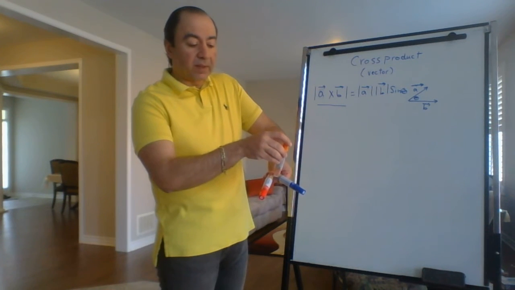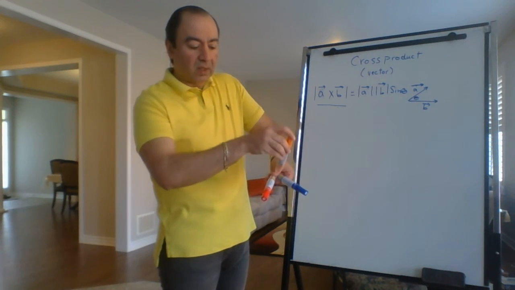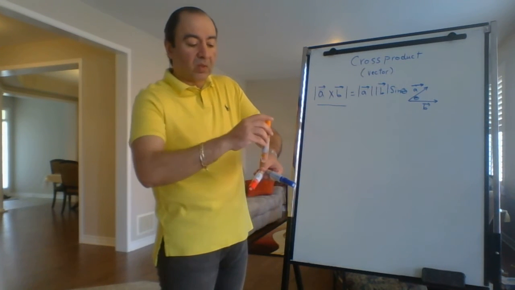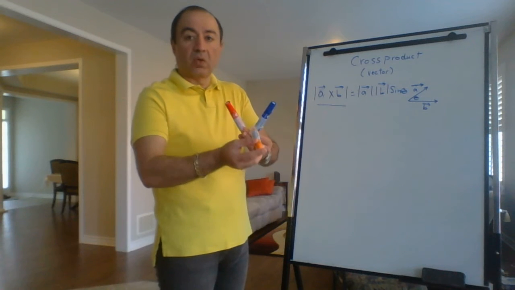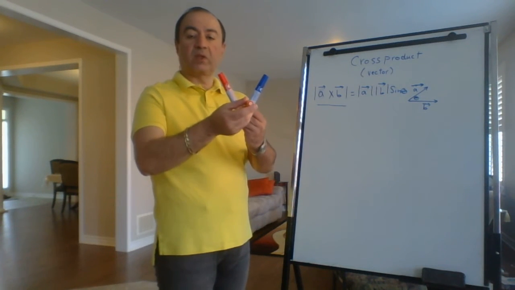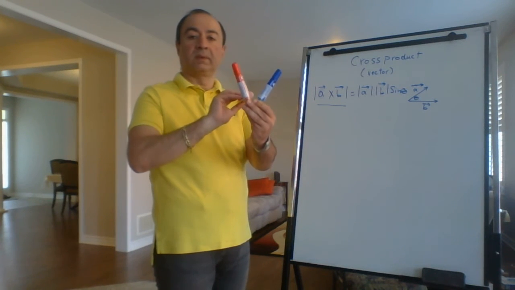It's either this way or that way, and I will tell you how we determine if it's going up or down. If A and B are in this direction, the vector will be perpendicular like that, making 90° on both.